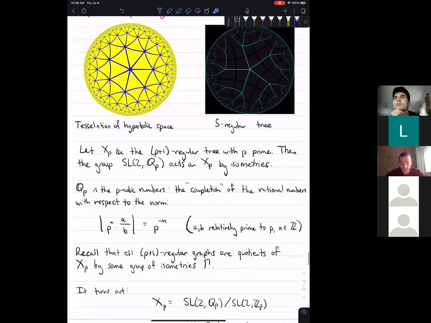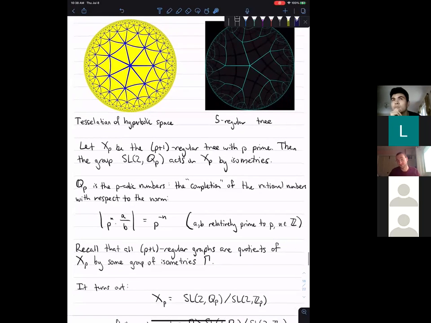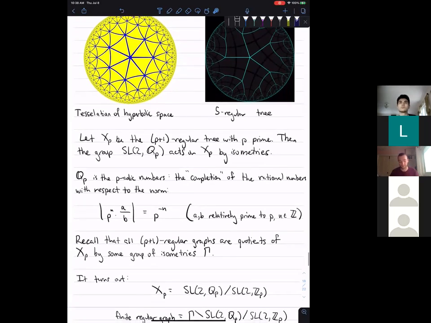Okay, so here's something interesting that I don't really have time to do justice to, which is the p-adic numbers. So imagine you have a tree where the degree of regularity is p+1, where p is a prime number. There's this field called the p-adic numbers, which has a definition, which I wrote here, but this may or may not make any sense.